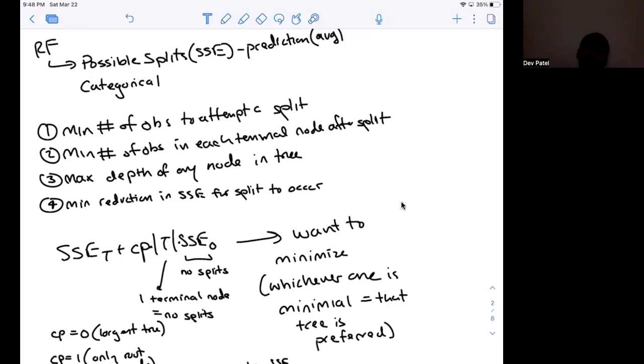Third is the max depth of any node in the tree. If you were to split this node and exceed the max depth, then you don't split it. And then the minimum reduction in SSE: if you do split the node but it doesn't achieve the required reduction in SSE, then you don't split it. So these are the four major stopping criteria when you're splitting decision trees.